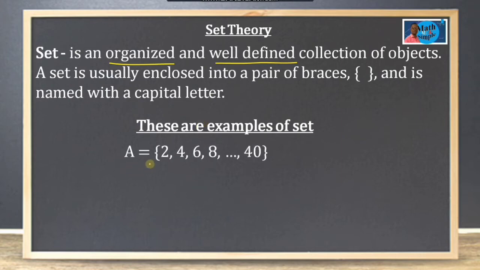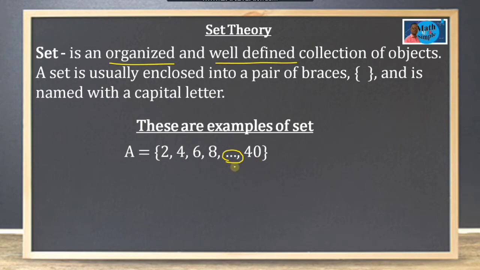So A equals 2, 4, 6, 8, three dots, 40. The three dots indicate continuity. Like here, after 8, the next number we see is 40. So the three dots indicate all of the members of this set that are between 8 and 40.